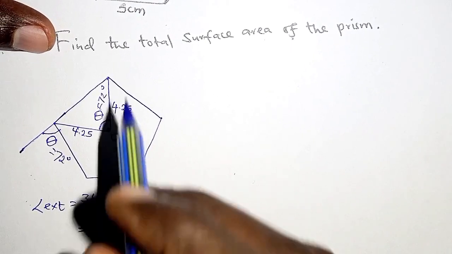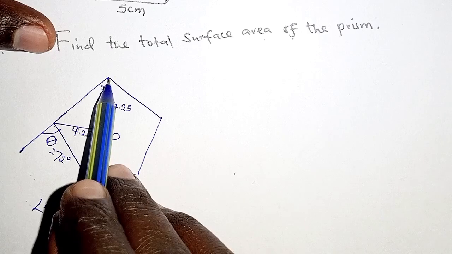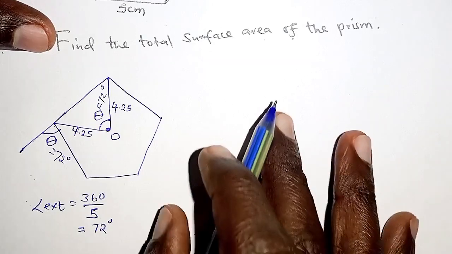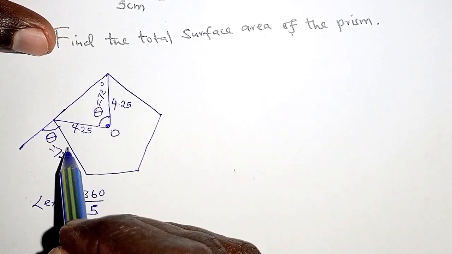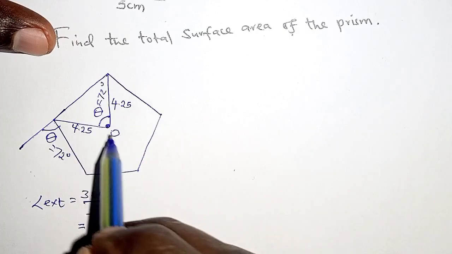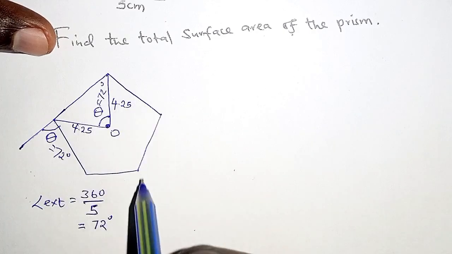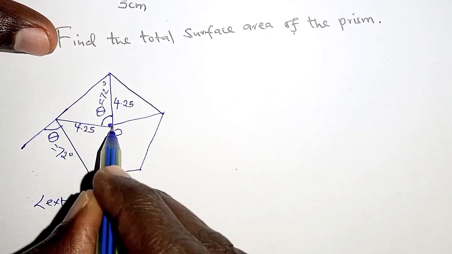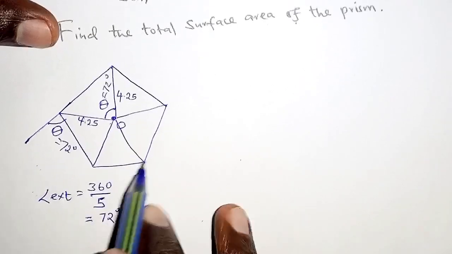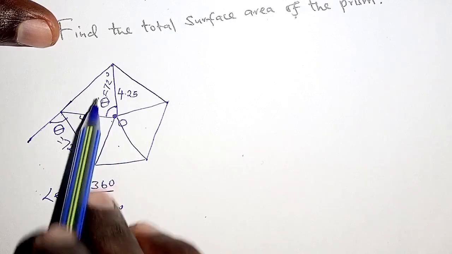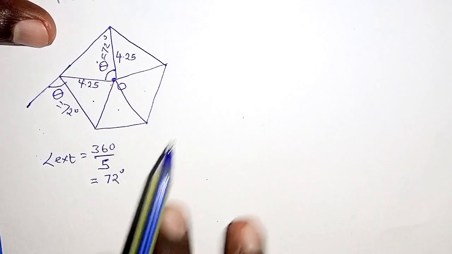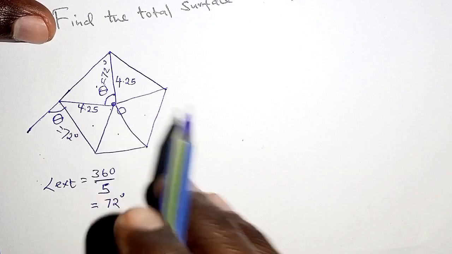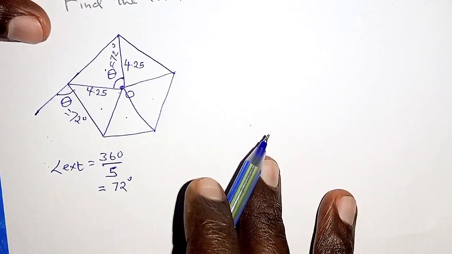Now the point here is to use this triangle to determine the total area of this cross section. We will get the area of this triangle and multiply by 5 because there are 5 similar triangles in this pentagon. Remember, if we join all the vertices to the center, we will have 5 triangles, 1, 2, 3, 4, 5, and they're equal in size, and that is in area. So just get one of the areas and then multiply by 5 to get the area of the cross section.